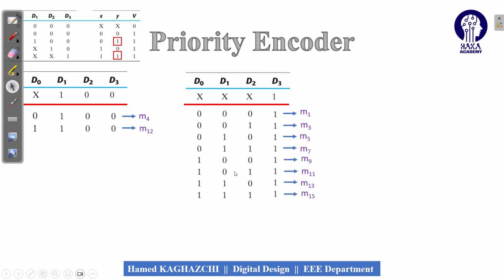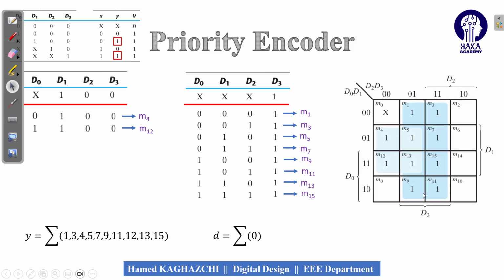Now we can write the Boolean function of the y in the form of sum of minterms with considering this x as again don't care. So after writing this, we can find the simplified Boolean function of the y in the form of D3 or D1 D2 prime, with substituting all of the ones which are written here into the Karnaugh map.